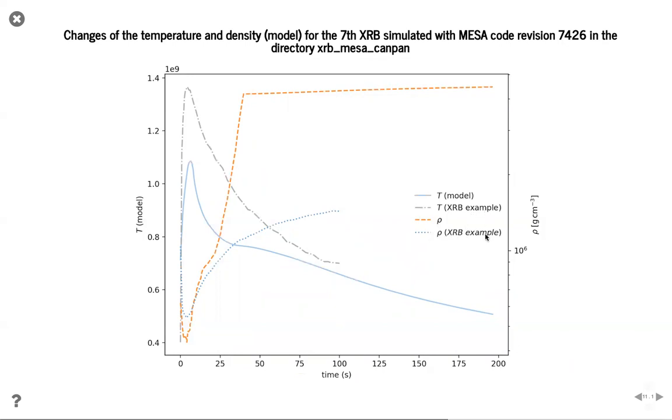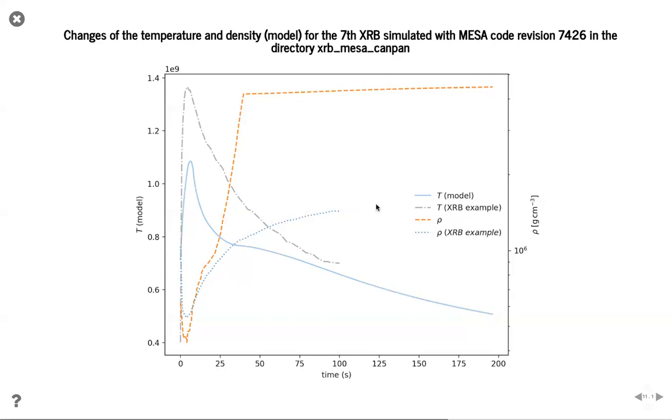This example lives in the nuclear grid example directories, and it can be used in comparison with our MESA model, but the difference is not significant, as you can see. In the example, peak temperature reaches almost 1.4 billion Kelvin, and density is approximately the same.